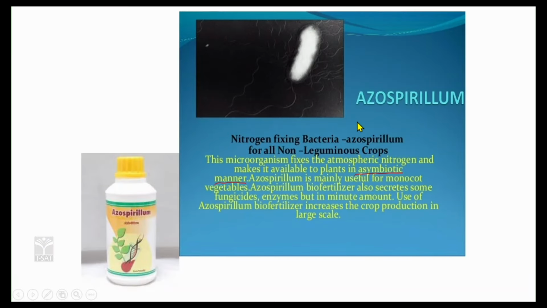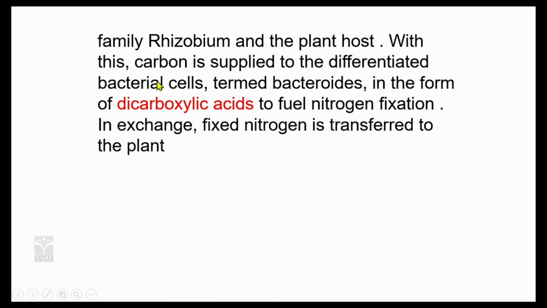It is in the soil without a symbiotic association to the plant, fixing the atmospheric nitrogen directly into the soil. This is an example of asymbiotic presence in the soil. This is azospirillum. Family Rhizobium and the plant host, with this carbon is supplied to differentiated bacterial cells termed bacteroids in the form of dicarboxylic acid.